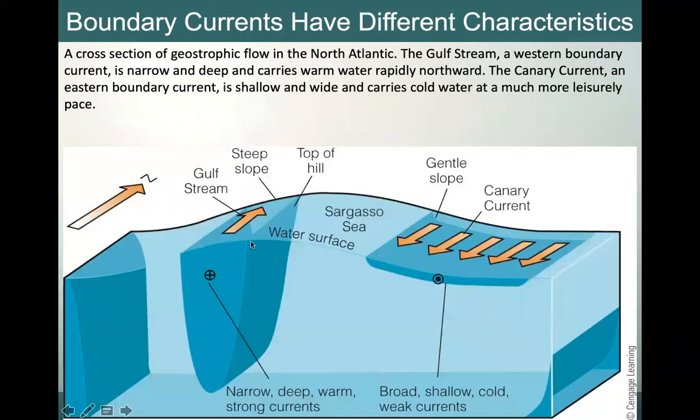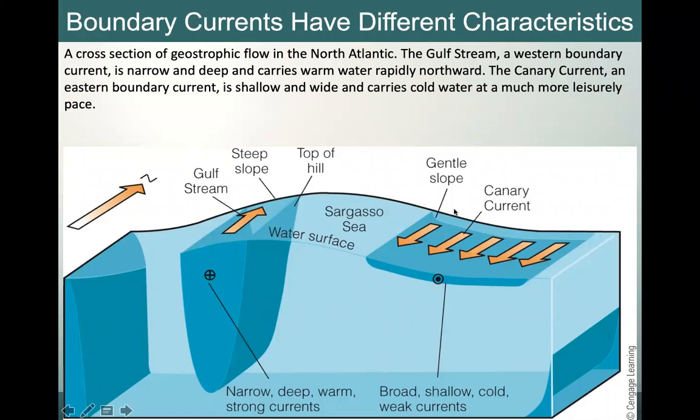If we look at the schematic, which shows us a way of looking at the North Atlantic Gyre as a vertical cross-section, we see that the waters are going into the page here, and then they're coming out of the page over here.